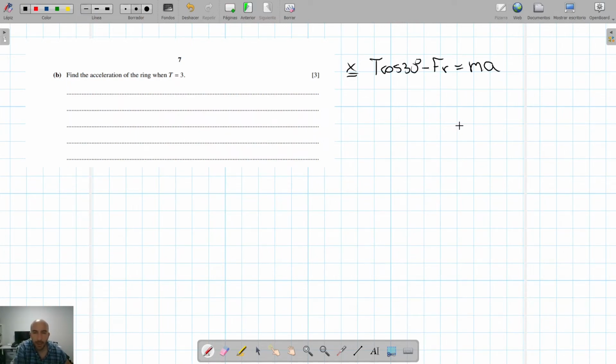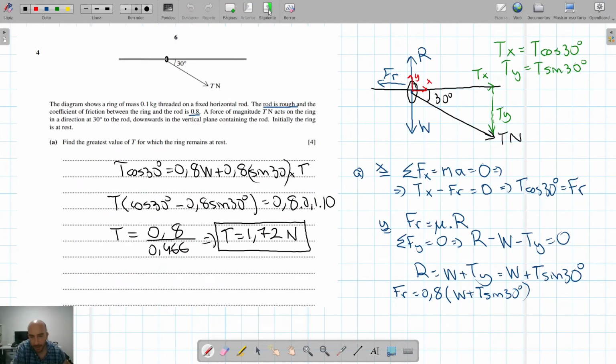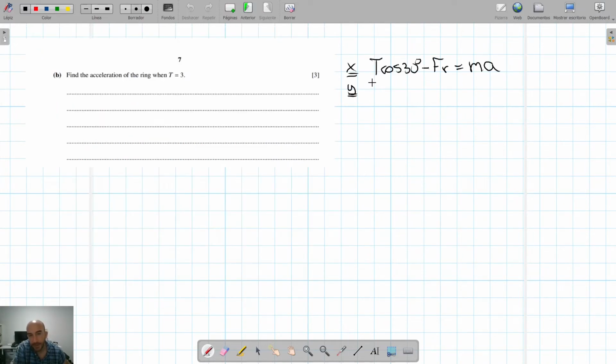I'm going to put all the equations that I have. So we had in the y-axis that as it's not moving in the y-axis, it's still 0. So we still have that R equals W plus T sine of 30. And the Fr is still 0.8 times (W plus T sine of 30).